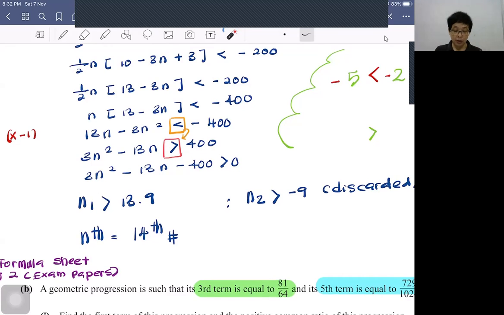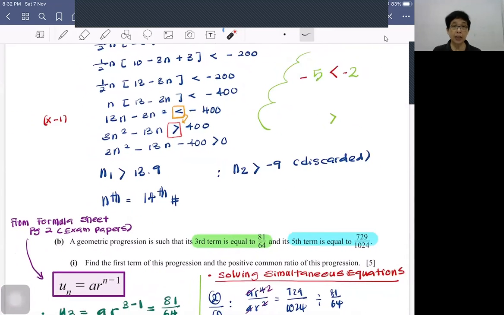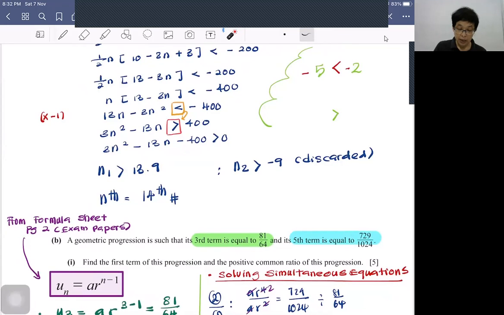You can get help from the calculator to find the value of n. You punch the calculator and find the two critical values. I'm sure by now you've seen on your calculator N1 as 13.9 or something, and then N2, which is minus 9.